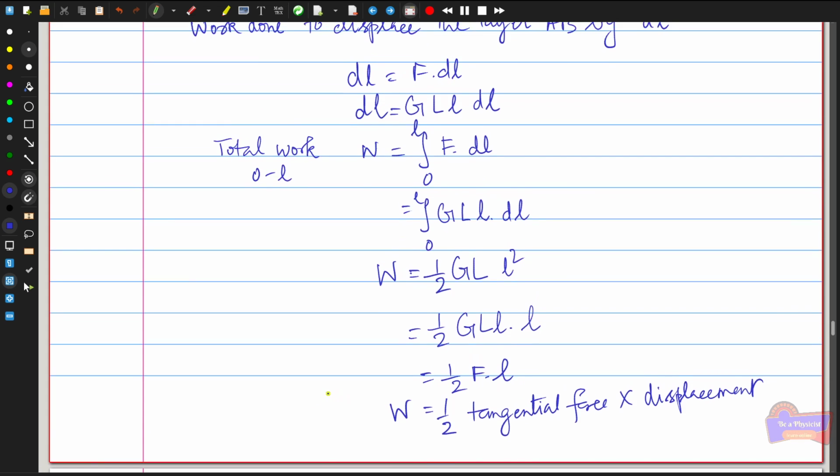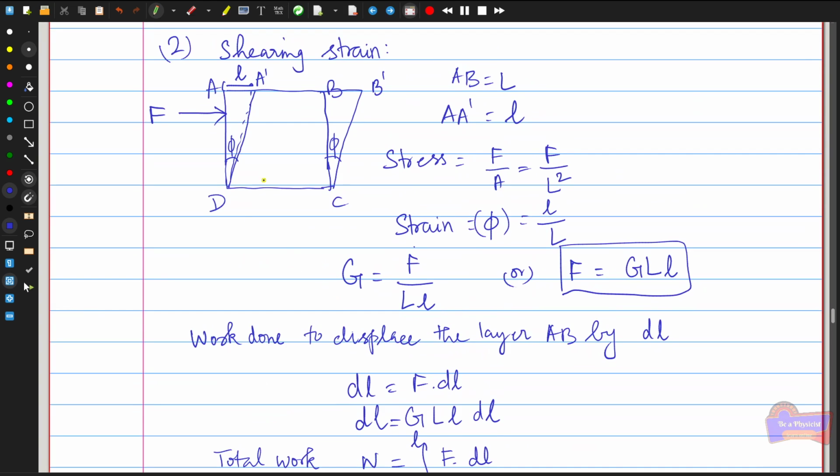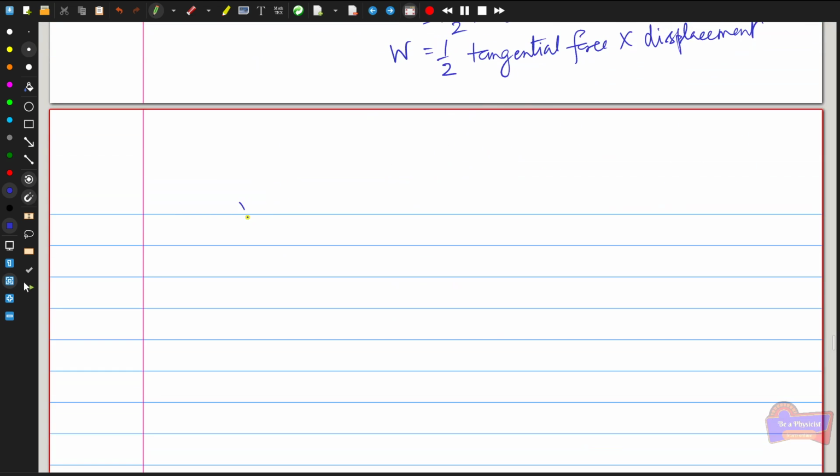Suppose you consider this as a three-dimensional object, then you can find out the volume. This volume is nothing but L cube. So I can write the volume of the cube as V equal to L cube. So I can easily find out the work done per unit volume.